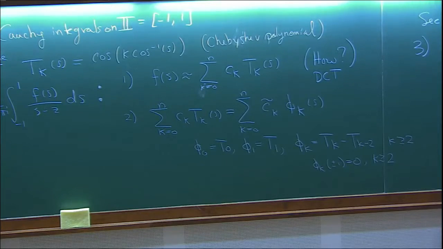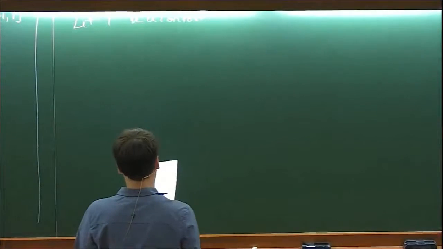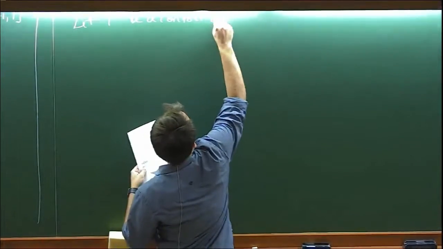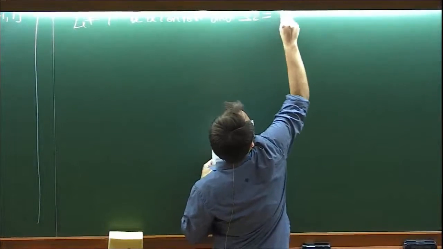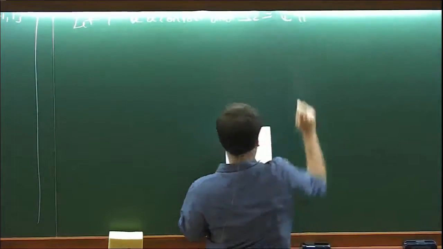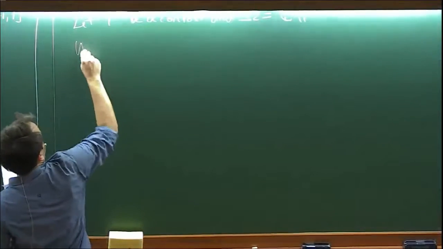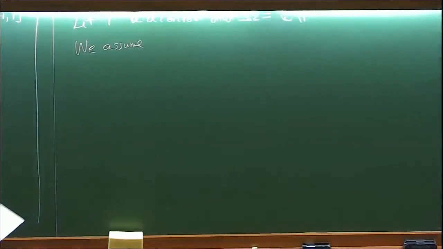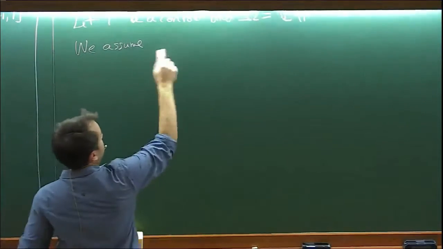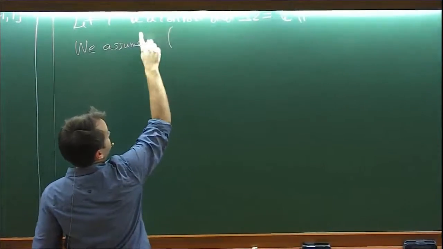Okay, so here's gamma, a contour. So it's a finite union of arcs and curves. And define omega to be C take away gamma. And then we assume the following. So gamma is a contour.